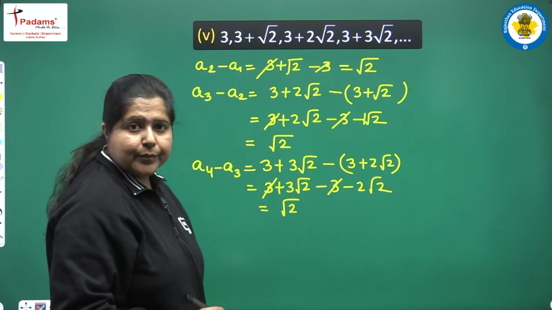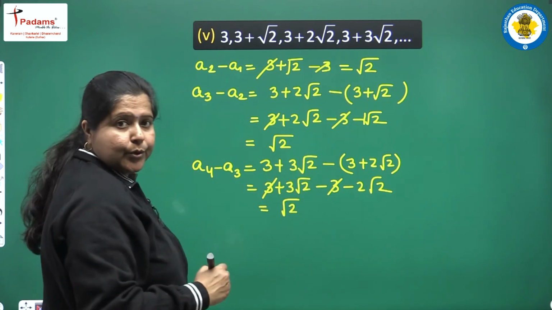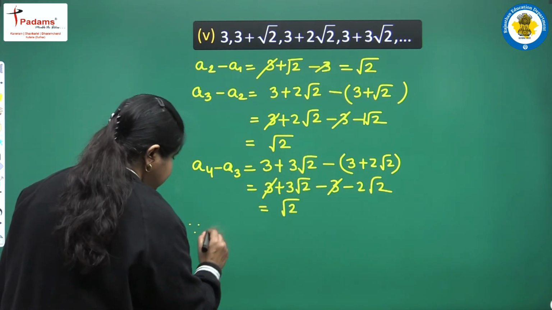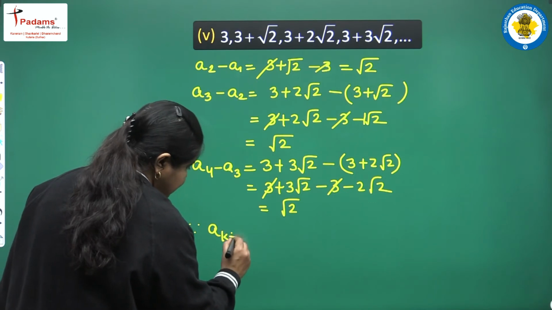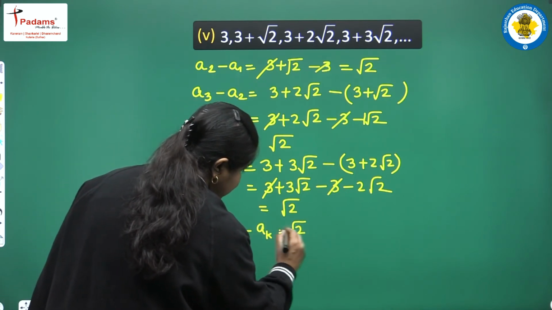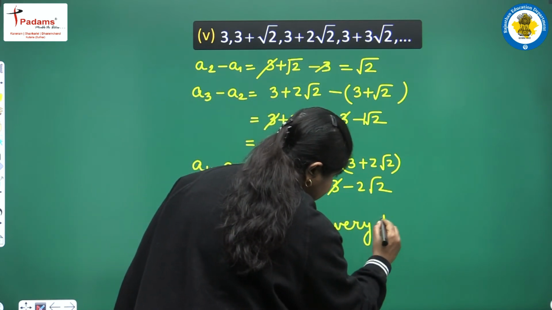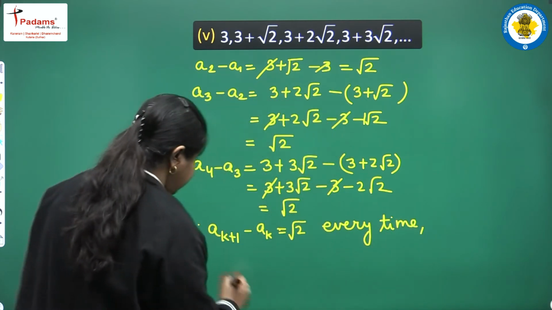simply square root 2. तो आप क्या देख रहे हैं, every time we are getting the same difference of root 2. So we can write since a k plus 1 minus a k is equal to root 2 every time. इस तरह से भी आप लिख सकते हैं.